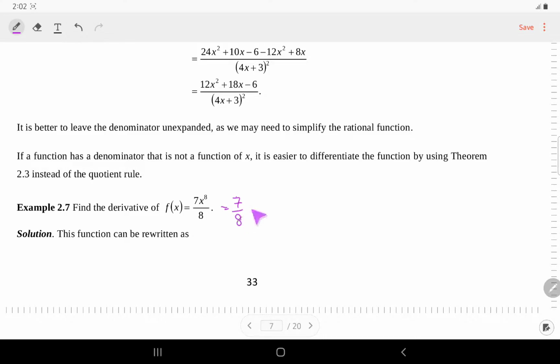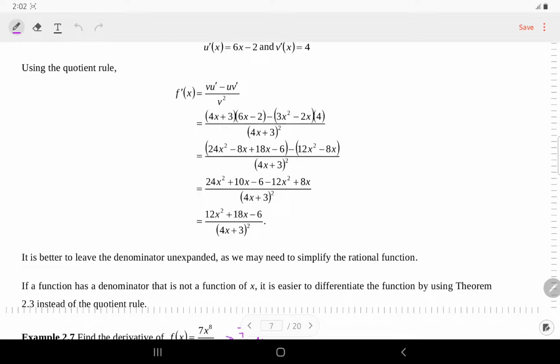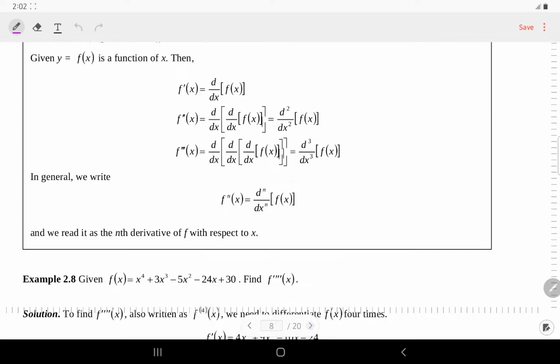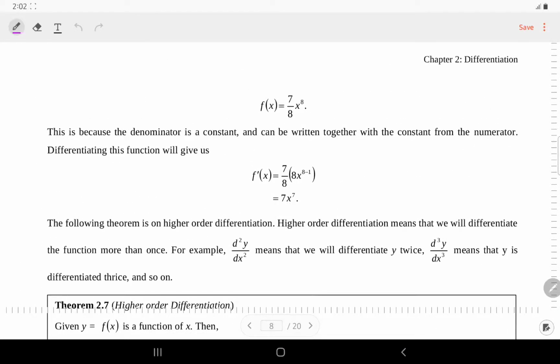We can just differentiate this using the power rule from before. You bring the power in front, and then 8 minus 1. The 8 can cancel out. It will become 7 x to the power of 7.